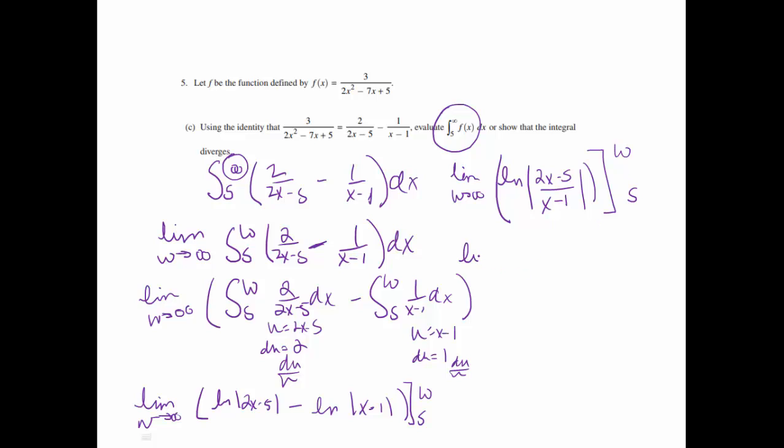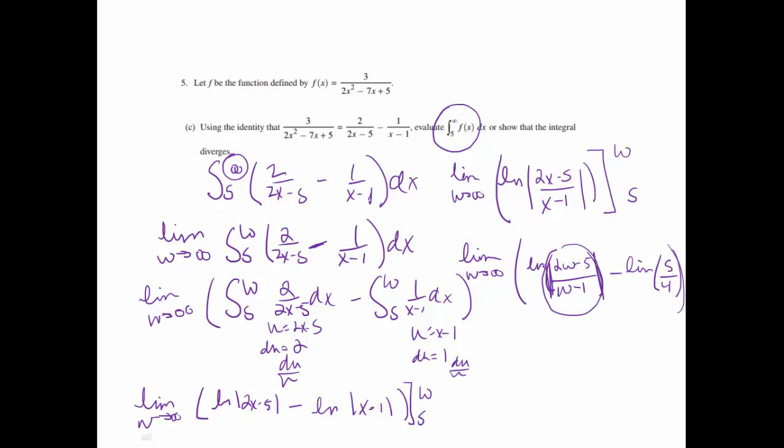So if I plug in w, still keep that word limit hanging on just in case they really want it, ln of 2w minus 5 over w minus 1 minus, if I plug in 5, I'm going to get the ln of, technically I really should have those absolute values there still, 5 over 4. And I dropped the absolute values here because 5/4 is already a positive number, so I'm all good with that.